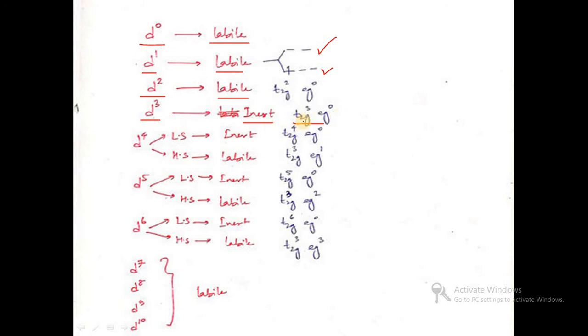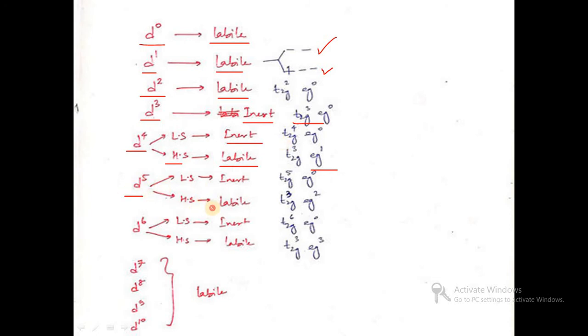The t2g is half filled, so it is an inert complex. But in the d4 case, high spin is labile, t2g3 eg1, that is an outer orbital hybridization complex, so labile. An inner orbital hybridization complex is inert.